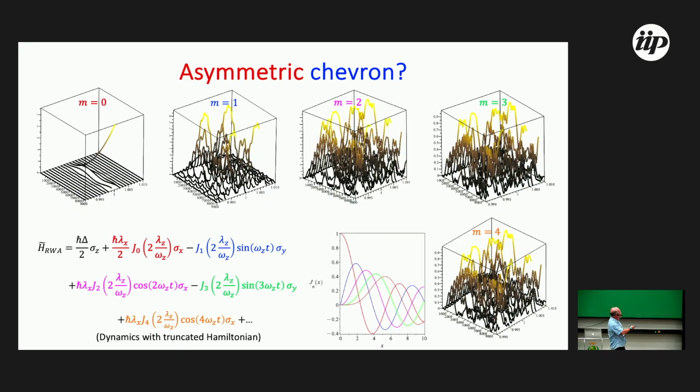But then you can write the Hamiltonian like this and solve it numerically. And it's possible to trace the asymmetry in that modified chevron to the way you keep adding the several harmonics of the Bessel functions.